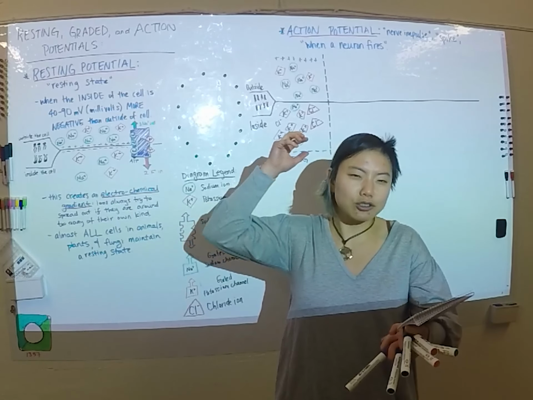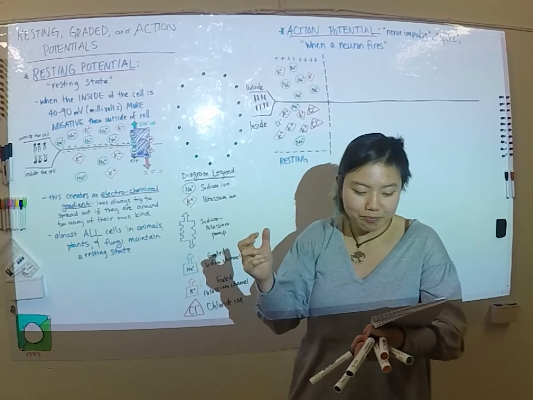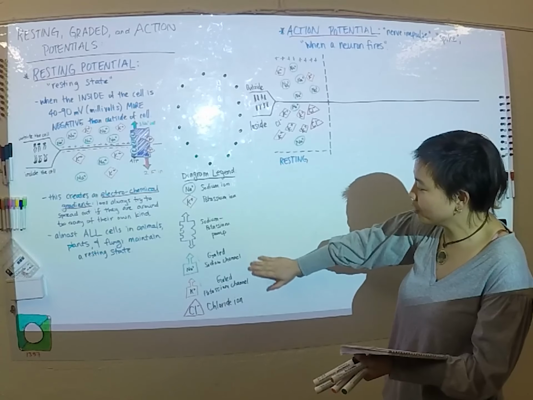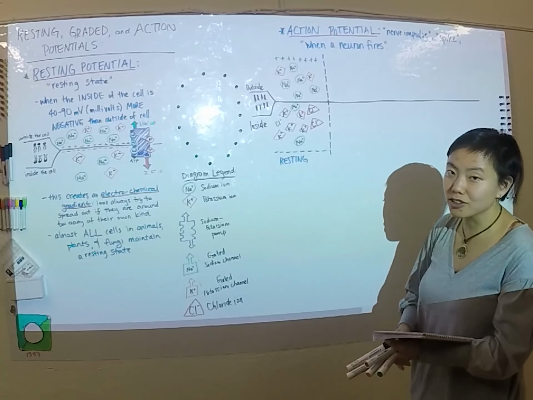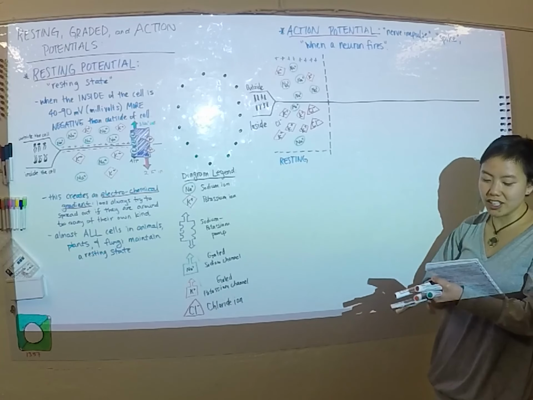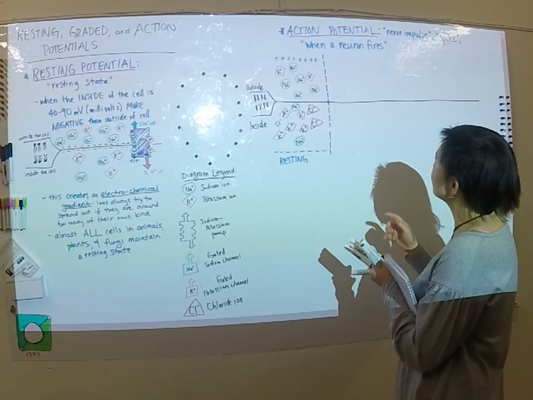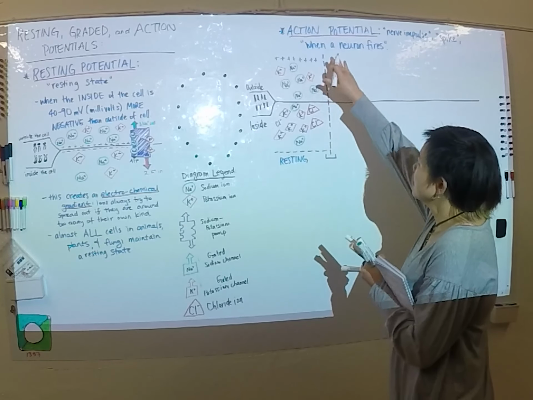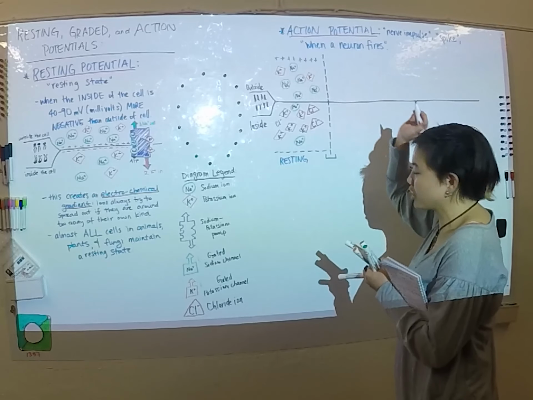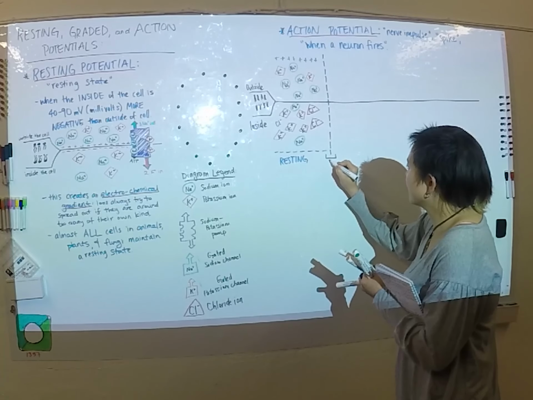So if the inside gets really, really positive, then we're finally going to talk about these gated channels when they are voltage gated, okay? So let's use this color. So in between this chunk and this chunk, what has happened?